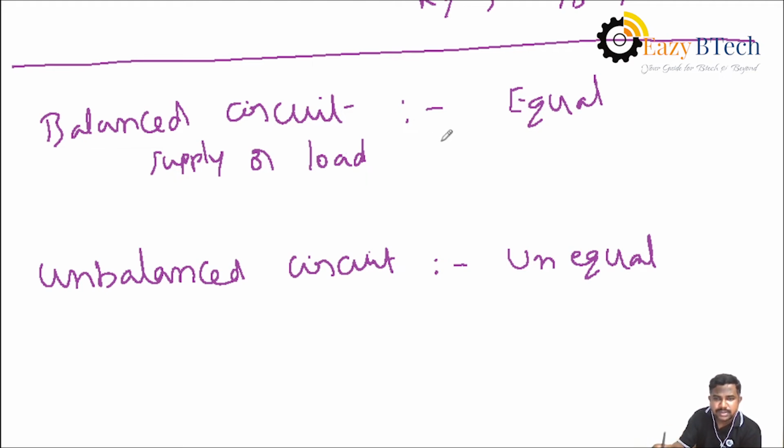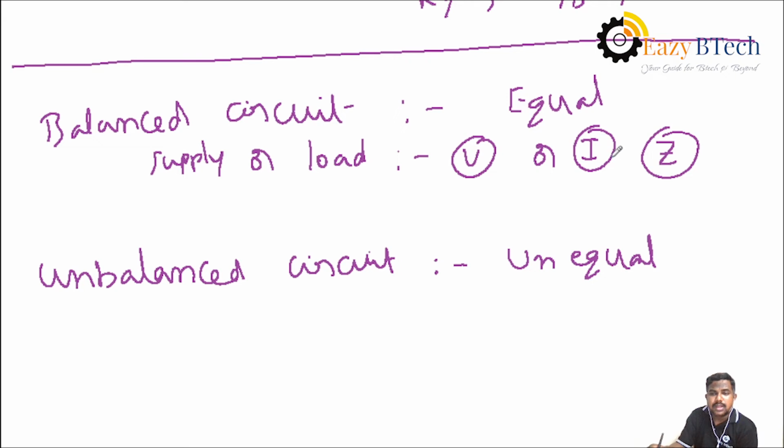Balanced condition means voltages are equal or currents are equal or the impedances in the three phases are equal. So that is called the balanced circuit.